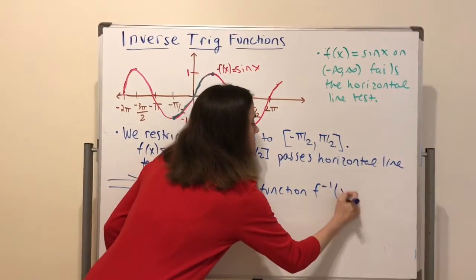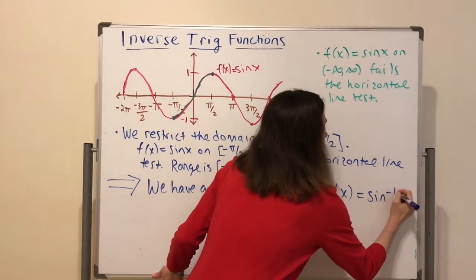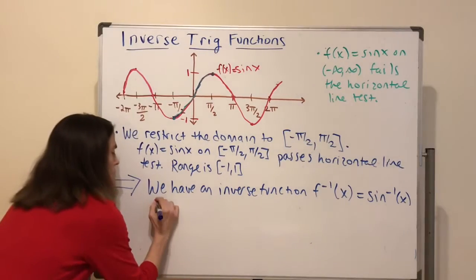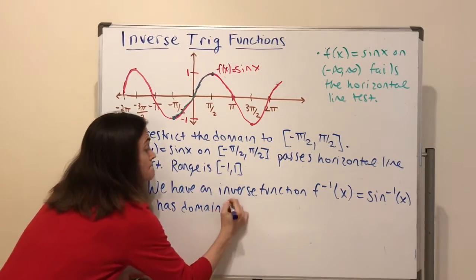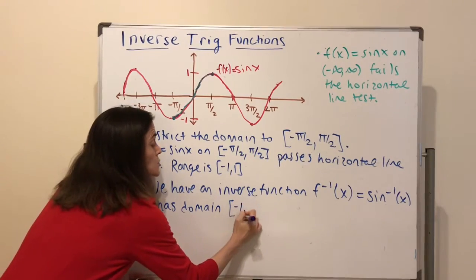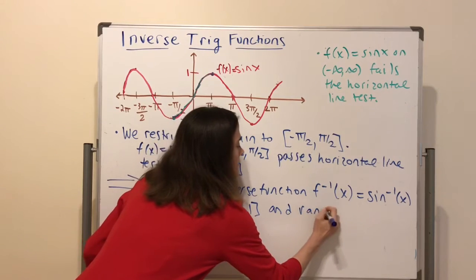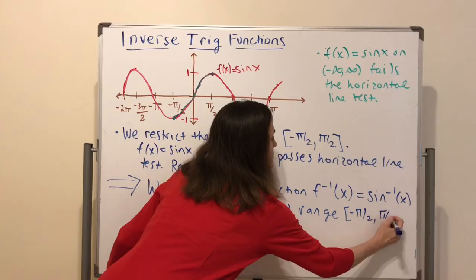f inverse of x is the sine inverse of x. This has domain -1 to 1 and range minus pi over 2 to pi over 2.